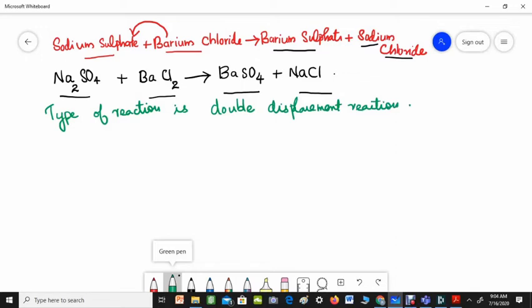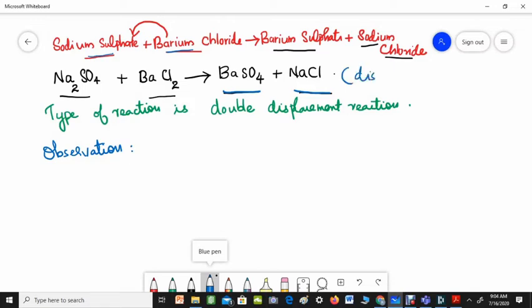Now, the third question is, what will you observe when you add barium chloride into sodium sulfate solution? So your observation is, now see, you will be getting two kinds of product, barium sulfate and sodium chloride. As you know, sodium chloride is dissolved in water.